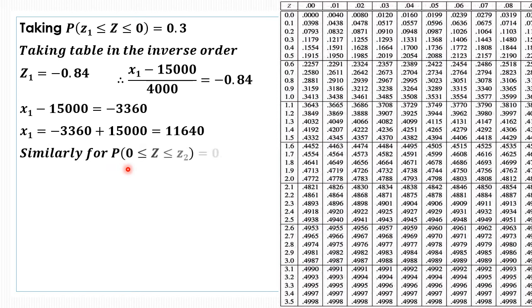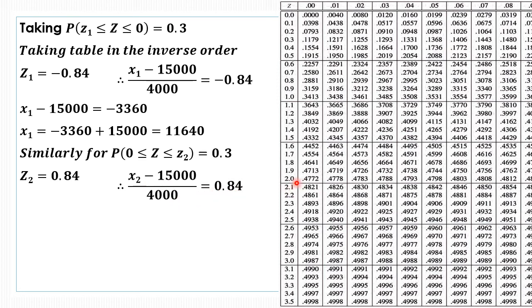Similarly, for 0 less than z less than z2 = 0.3, we will get the same value. The only difference is that z2 will be positive, so this 0.84 will also be positive. It's okay even if we don't check the table again, because both of these values must be the same as we have a symmetric curve here. In place of z2, we put (x2 minus 15,000) upon 4,000 equal to positive 0.84.